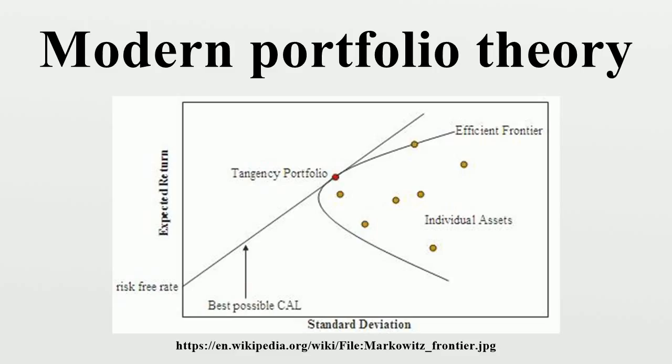Risk and expected return. MPT assumes that investors are risk-averse, meaning that given two portfolios that offer the same expected return, investors will prefer the less risky one. Thus, an investor will take on increased risk only if compensated by higher expected returns. Conversely, an investor who wants higher expected returns must accept more risk.